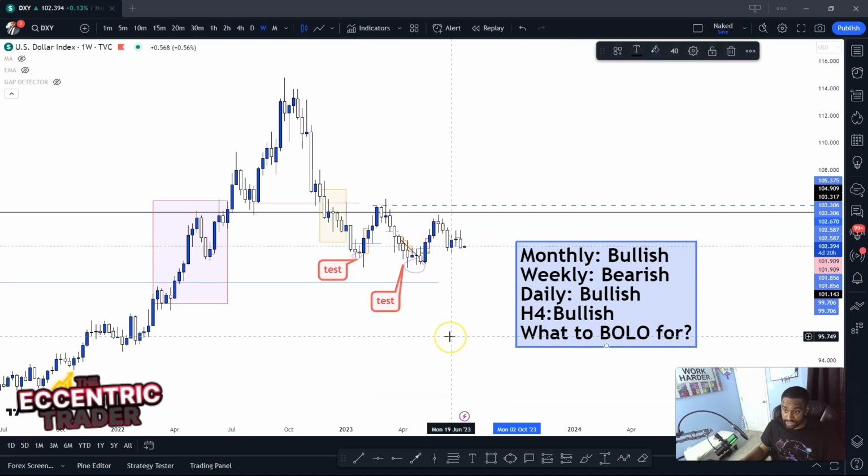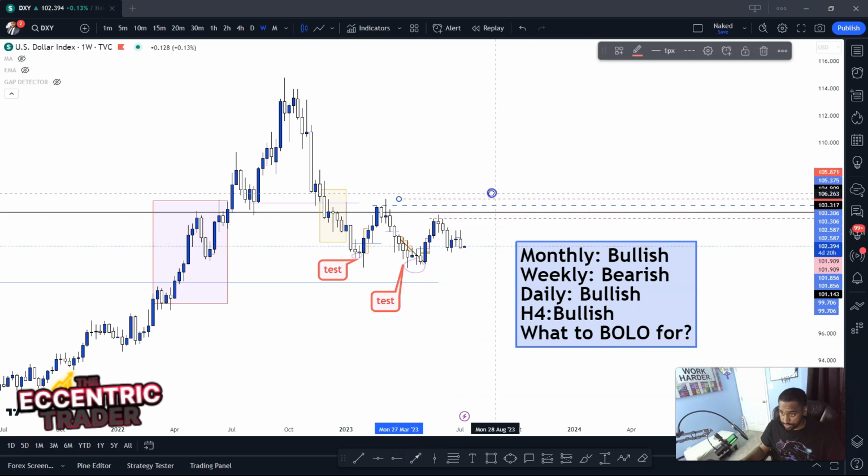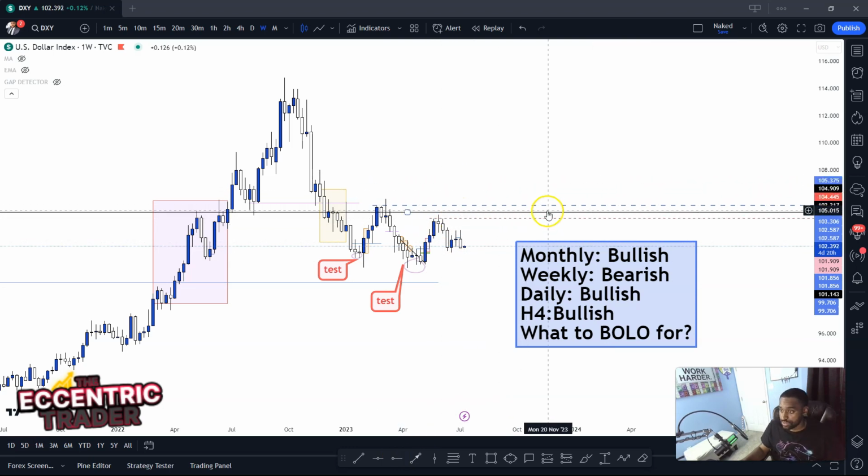So as of right now, until the market decides to break this level of resistance and also this blue dotted line right here, that's how I would know that the market is ready to continue upward, right?